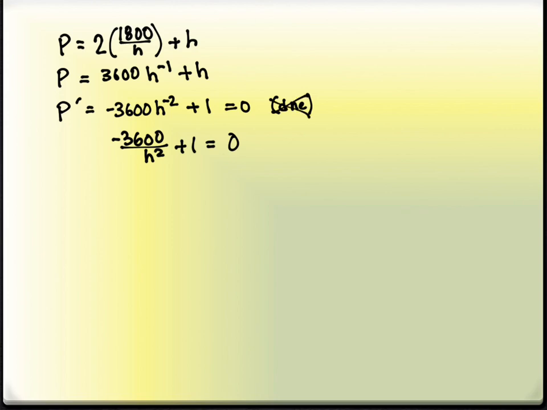It could have been an answer, but it wasn't for the particular context I have. But I need to solve this for 0. Okay, so this is algebra now at this point, right? It's a little bit messy algebra, but it's algebra. So we're going to move either of these pieces to the other side. I'll move the 1 over, so I have 3,600 over h squared equals 1. Yes? Does 0 just mean do not exist as well? It's not do not exist, it would just be 1.